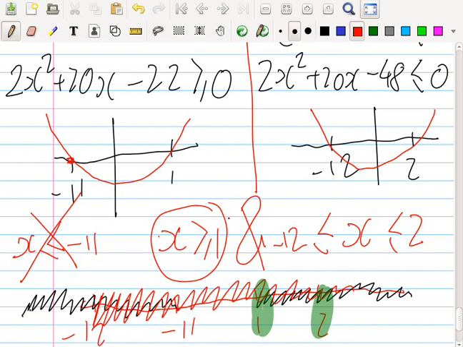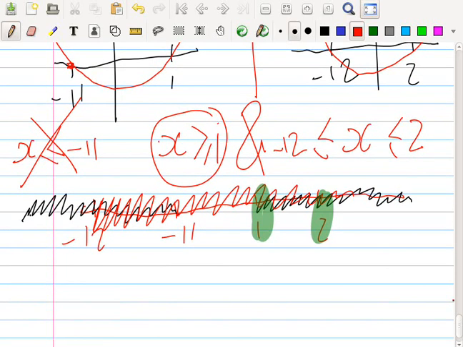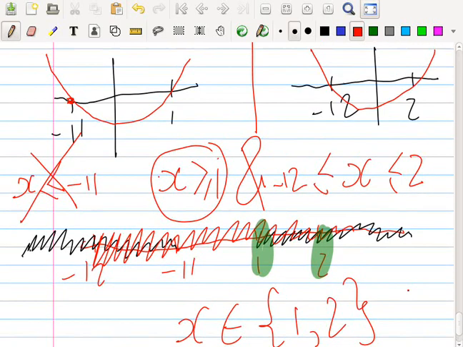So when I put this together with this, what am I saying? X must be between 1 and 2. But x is a natural number, so therefore it can only be 1 or 2. So x can only be 1 or 2. Like a boss. Okay, write that one down.